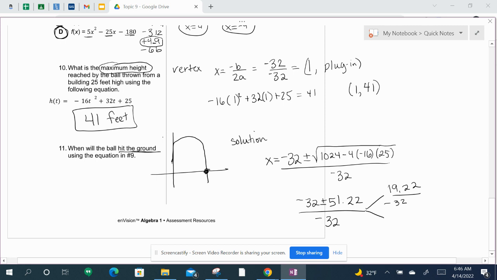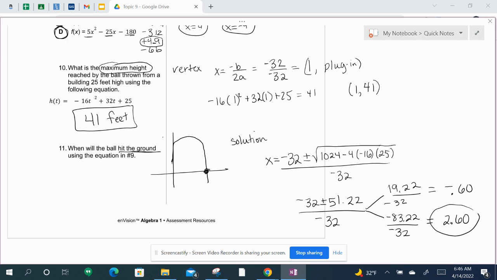And if I take negative 32 minus 51.22, I get negative 83.22, all divided by negative 32. And then finally simplifying, I get negative 0.60, and I get 2.60. Guys, a negative answer in this case doesn't make sense because I wouldn't talk about the past when the ball is hitting the ground. So I would say it will take about 2.6 seconds for the ball to hit the ground.